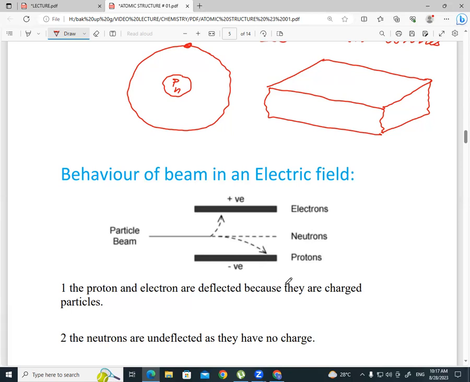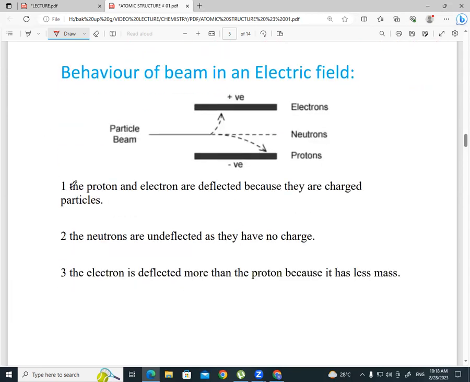So due to this, the deflection of the proton is less, while the deflection of the electron is very much more than the proton, because it has very little mass. So proton and electron are deflected because they are charged particles. The neutron is undeflected as it has no charge, while the electron is deflected more than the proton because it has less mass.